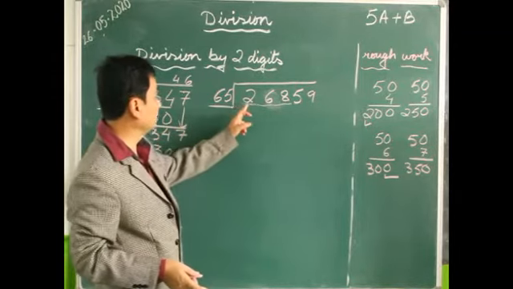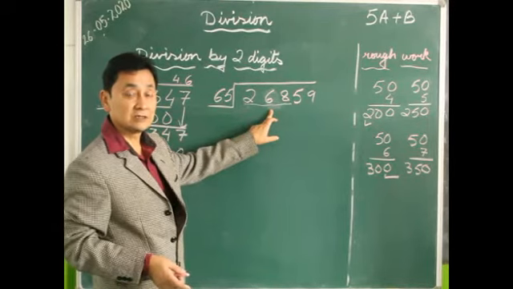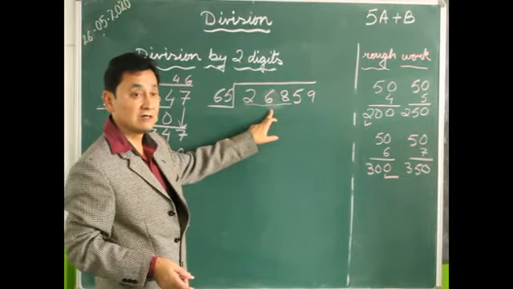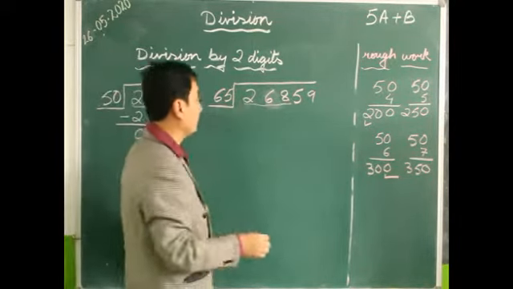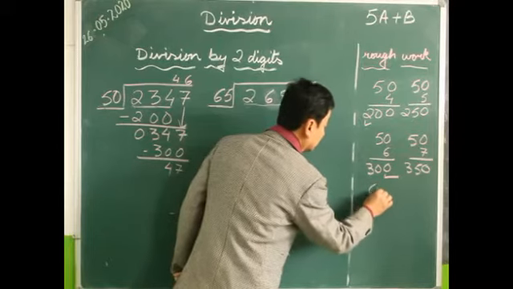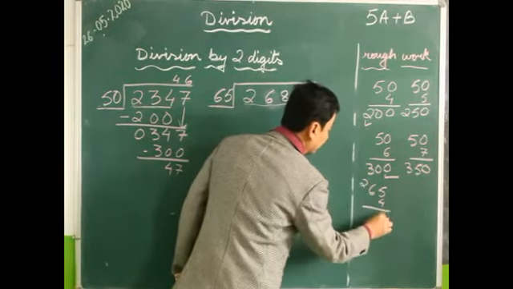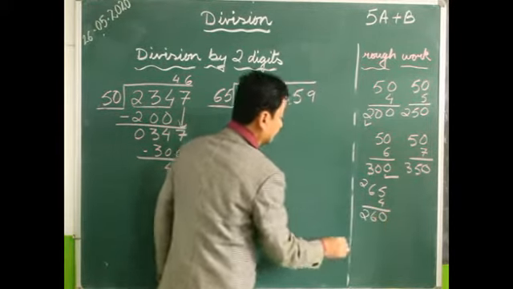6 will go into 26 how many times? 6 1s are 6, 6 2s are 12, 6 3s are 18, 6 4s are 24, 6 5s are 30. That's going to be too much. So 65 4s are: 4 5s are 20, 4 6s are 24, 25, 26.